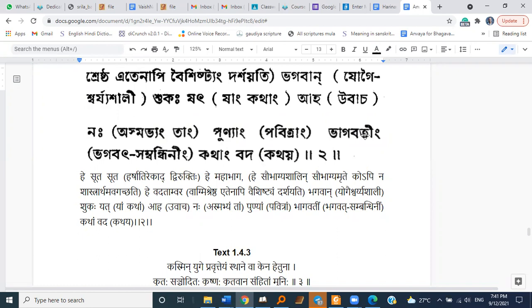Bhagavan Yogaishwarya Shali Shukaha. What is that? Shukaha yat aha yam katham aha. Okay. Uvacha naha aram asmabhyam tam punyam pavitram bhagavatim bhagavat sambandhinim katham vada kathaya. So this is Shaunak Rishi speaking to Suta Goswami.